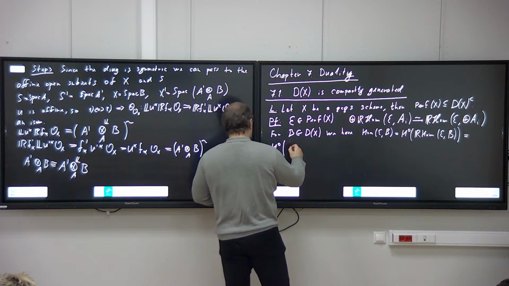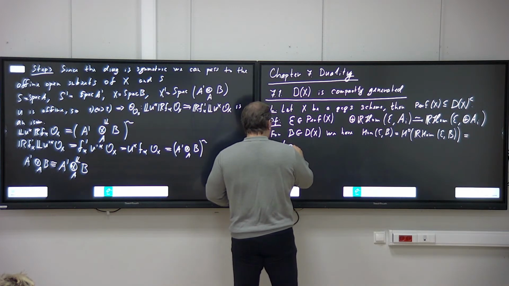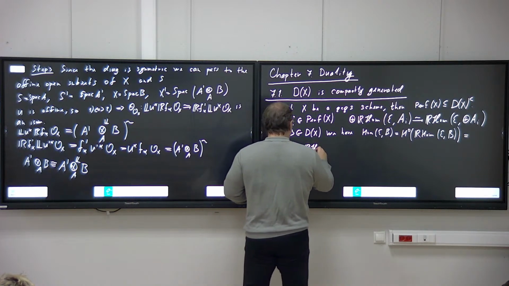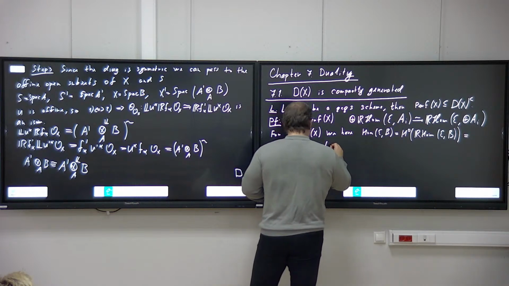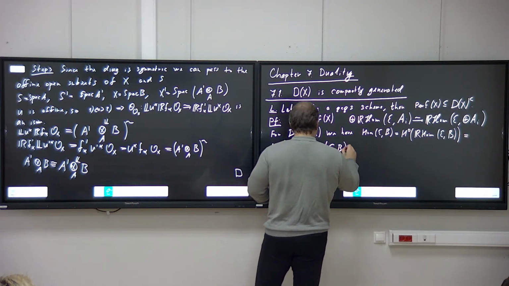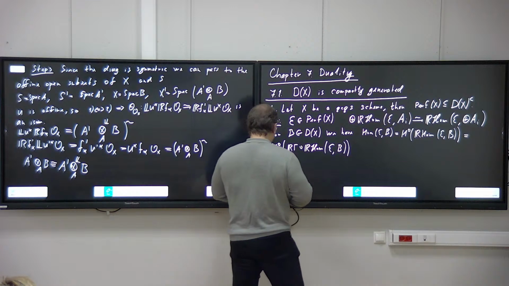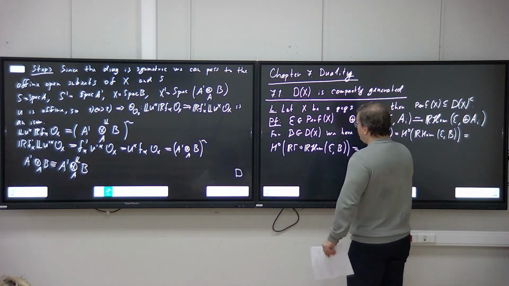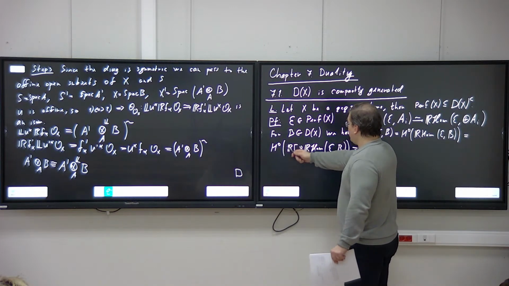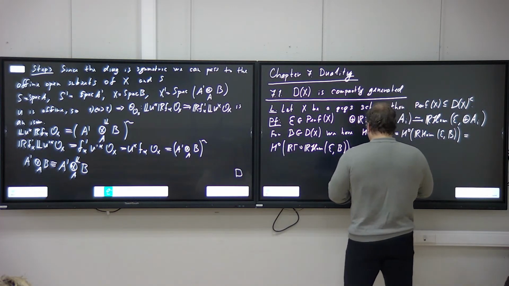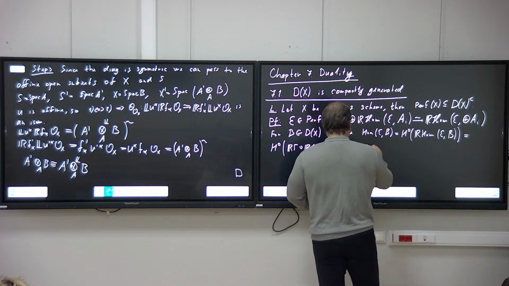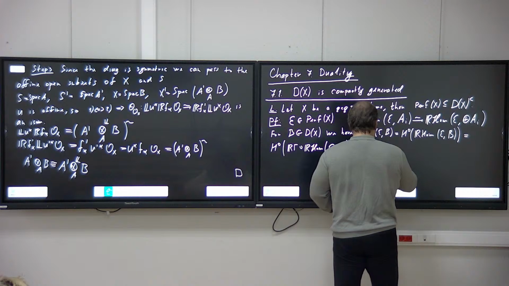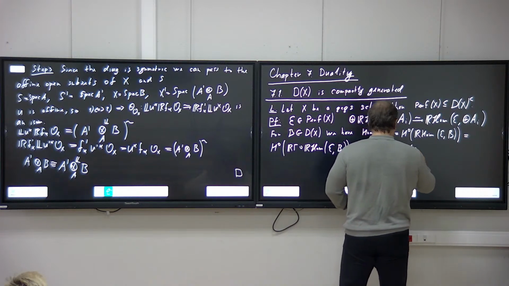So I can write this as RGamma composed with R local Hom from E to B. And whenever you compute RGamma and then compute H0, you can as well write this as H0 of X, R Hom of E.